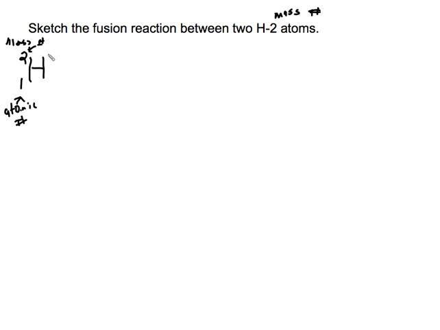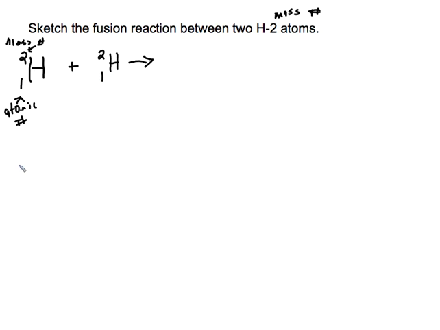All right, so we're going to have two hydrogen 2s. So one hydrogen there and one here. So they're going to go together. Now, what's going to happen is you have to add together the number of protons.